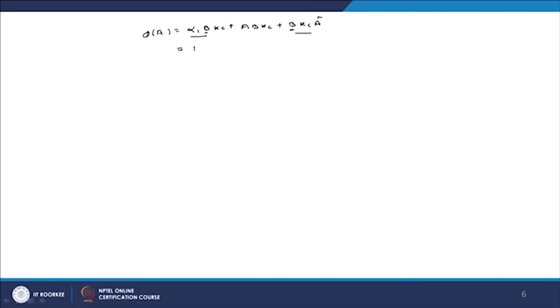So, we will get alpha 1 into Kc plus Kc into A bar plus AB into Kc, and therefore this phi of A we can write as B, AB, alpha 1 Kc, Kc A bar into Kc.